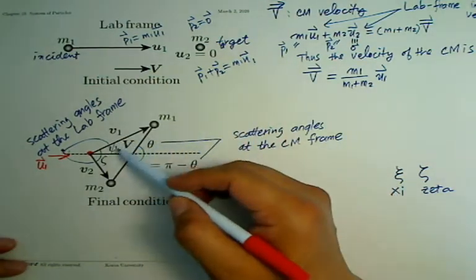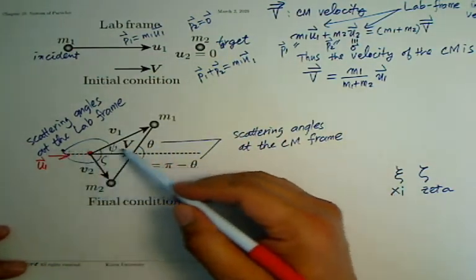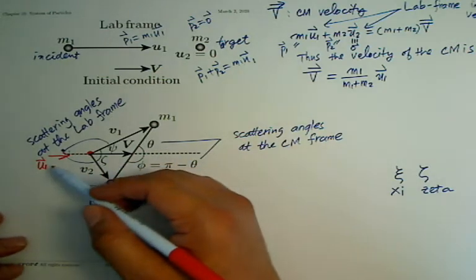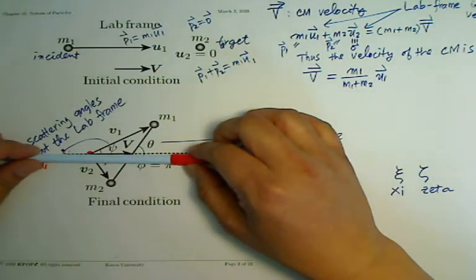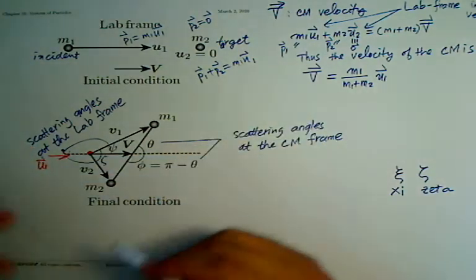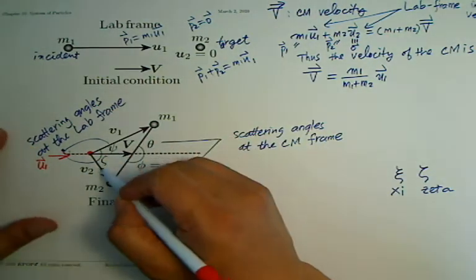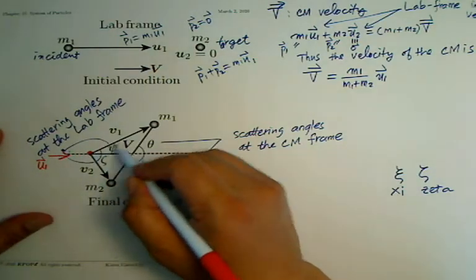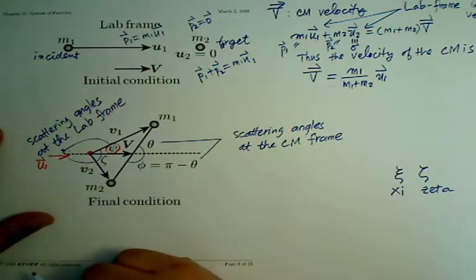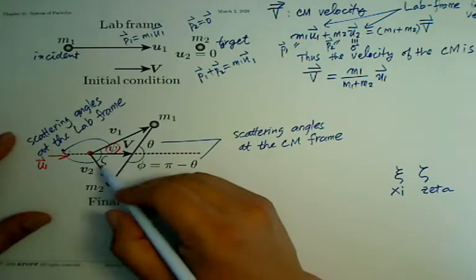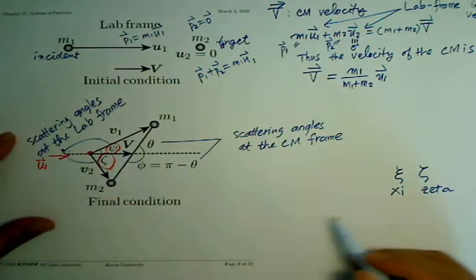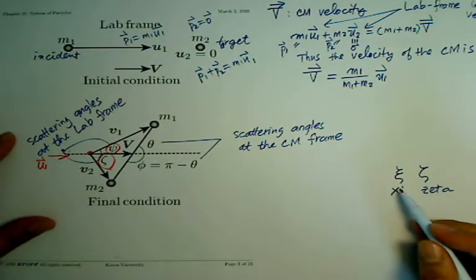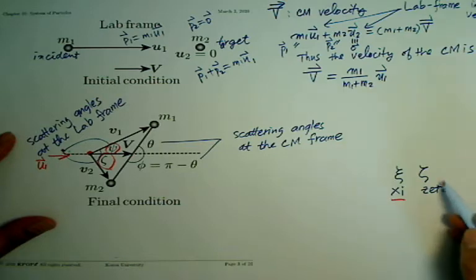Then the opening angle will be divided into two pieces. The angle of the final state in comparison with the initial incident velocity is called the scattering angle. The scattering angle of the incident particle at the lab frame is psi. And the scattering angle of the target particle at the lab frame is called zeta. Zeta is similar to xi, but this one is xi and this is zeta.